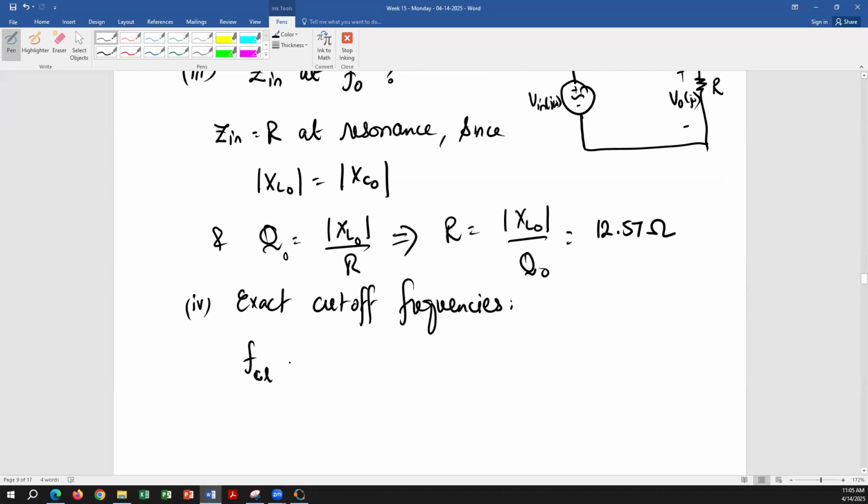F cutoff lower is the square root of (R over 2L) squared plus 1 over LC, minus R over 2L, and 1 over 2 pi, because this is in radian per second.